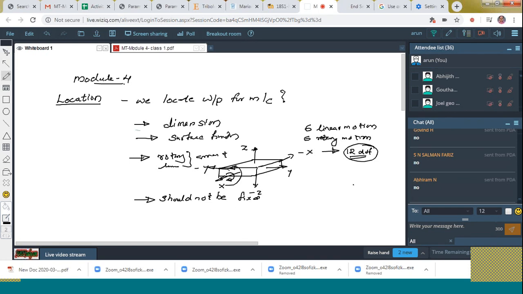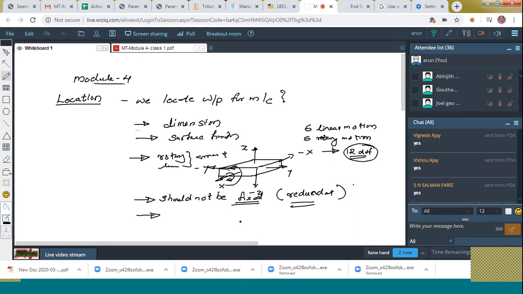It should not be redundant, a term you learned in theory of machines. That means it should be flexible. According to the varying dimensions of the workpiece, it should vary. Got it? Is it clear to all?